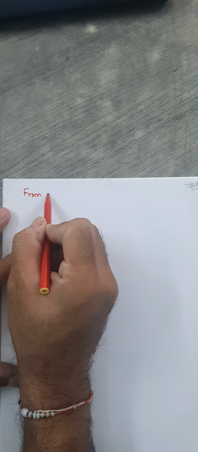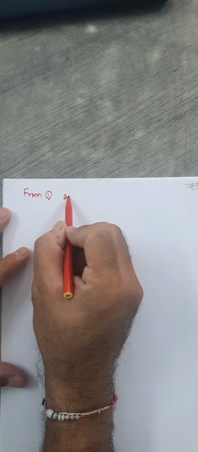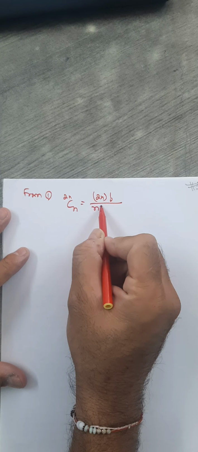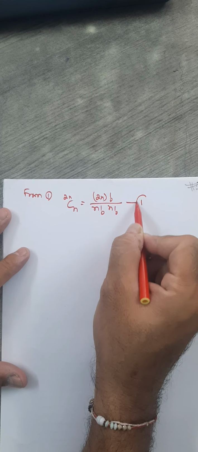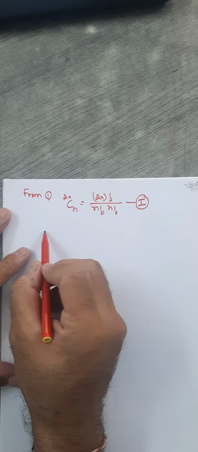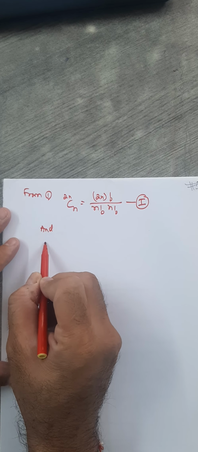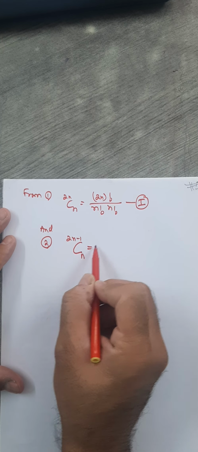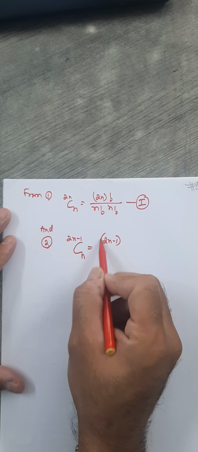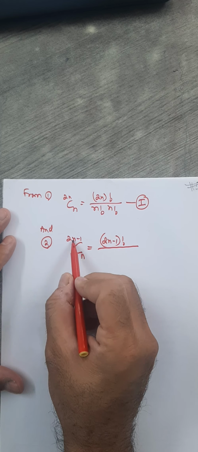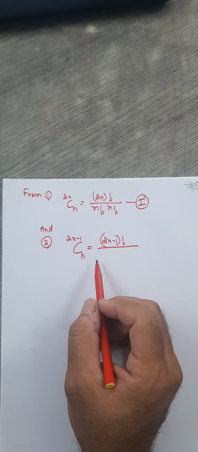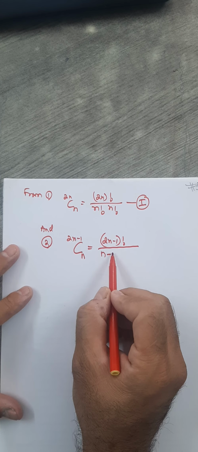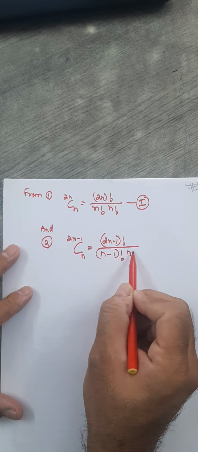So from 1 we have 2n cn. What is that? That is 2n factorial upon n factorial into n factorial. Call this as, for example, big 1. And from 2 you have 2n minus 1 cn, which equals 2n minus 1 factorial upon n minus 1 factorial into n factorial.